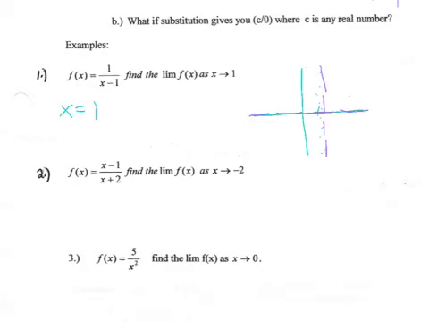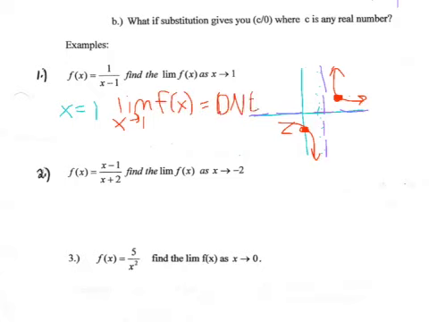So if I plug a 2 into my function, I get 1 over 1, which equals 1. So I know I would have a coordinate up there. And if I plugged in 0, I would have 1 over negative 1, which is negative 1. So it looks like this graph is going to behave this way. So we know that the limit as x approaches 1 of our function does not exist, since the arrows are going in different directions.